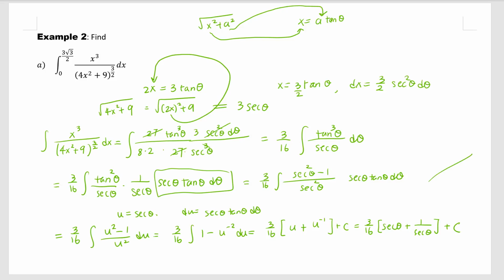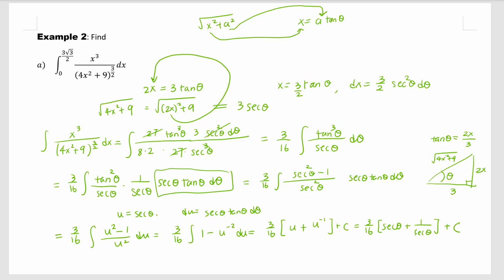And then now, what is secant? So we draw the triangle. So tangent theta, look at the setup. Tangent theta, solve for it, is 2x over 3. Opposite, 2x. Adjacent, 3. Hypotenuse, square root of 4x squared plus 9. And you can see this term always matches with the integrand in our integral.